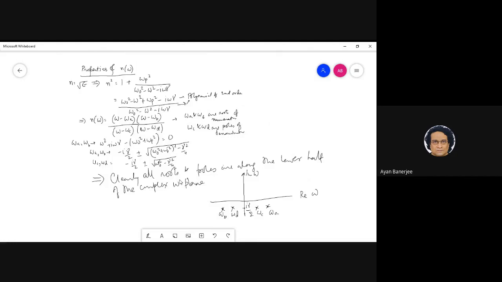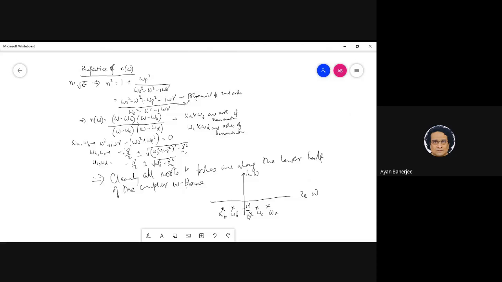So, as we showed very interestingly, all poles. If you look at Reiner, he regards all of these as poles, because he regards poles as the values where either the numerator or the denominator becomes zero. That's how he describes poles. I know it's a bit of a confusing description, but what we saw is that all of them lie in the lower half of the complex plane, where you have negative values of imaginary omega.